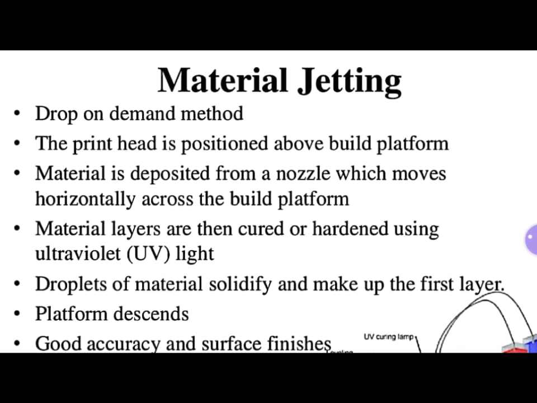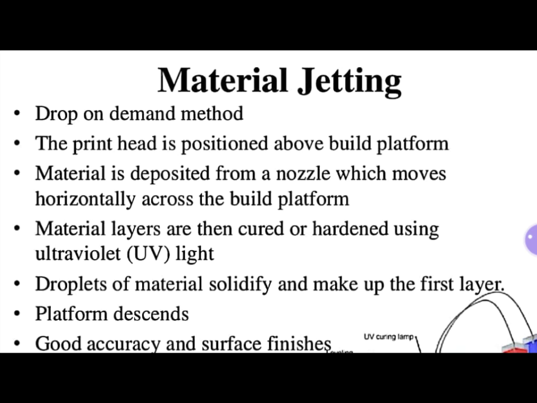In the previous technique, we are using the liquid material in a container, and then we are using the light source, that is UV, in order to cure the material. Here in material jetting process, we are depositing the material drop by drop with the help of a nozzle.